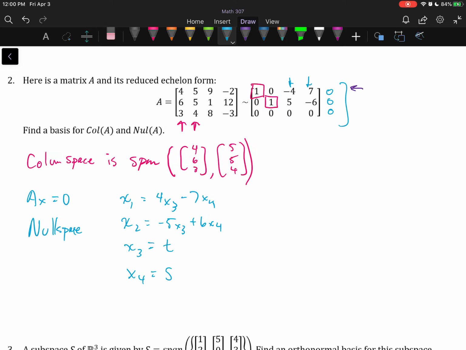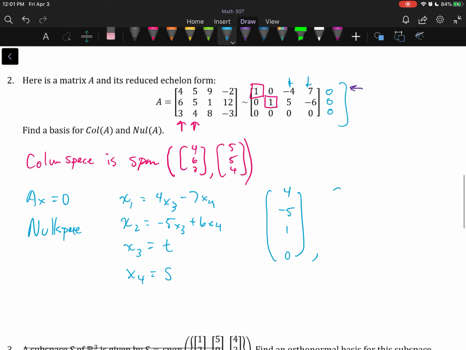In either case, that results in a parametric vector form where t is the same thing as x3, so we've got 4, negative 5, 1, 0 corresponding to t, and negative 7, 6, 0, 1 for the one that corresponds with s. It would be the span of those 2 vectors that would give us the null space.